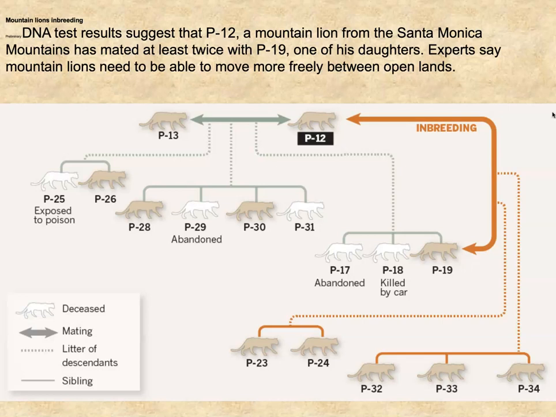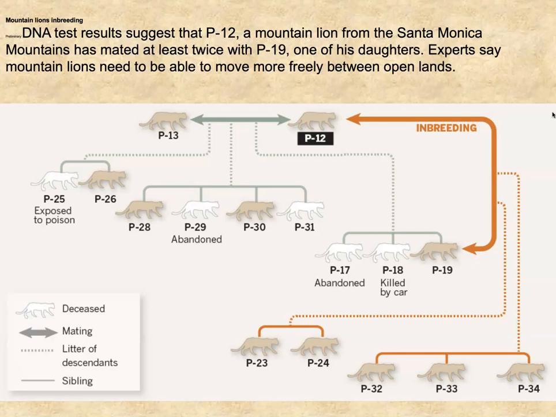But because the population size is so low, it ends up that P12 ended up breeding twice with one of his own daughters, P19, and produced kids, P23 and P24 one time, and then 3 mountain lions, P32, P33, and P34 another time. Okay, and so that's inbreeding.